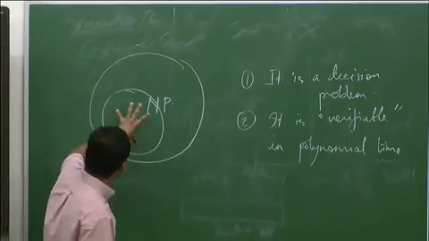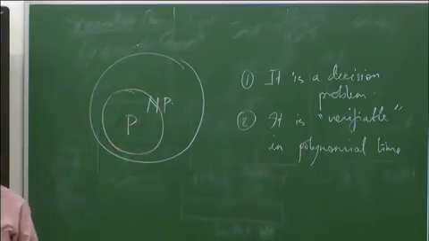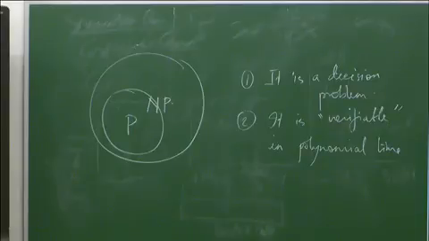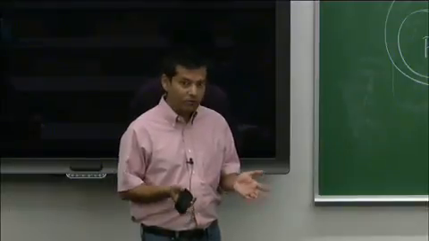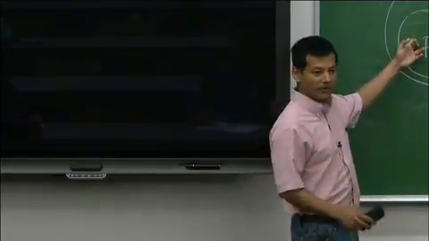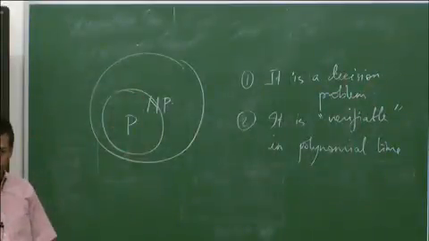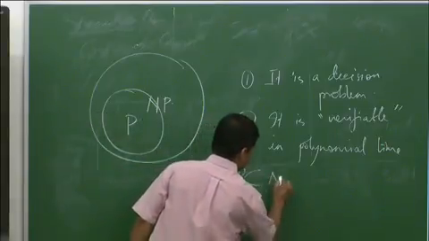Now, if this class turns out to be the entire class, then it would mean that any problem verifiable in polynomial time is also solvable in polynomial time. That we do not know. We do not know the answer to that. However, we know, based on the proof I gave you last time, that if it is solvable in polynomial time, then of course it's verifiable in polynomial time. That is why we said that P was a subset of it.